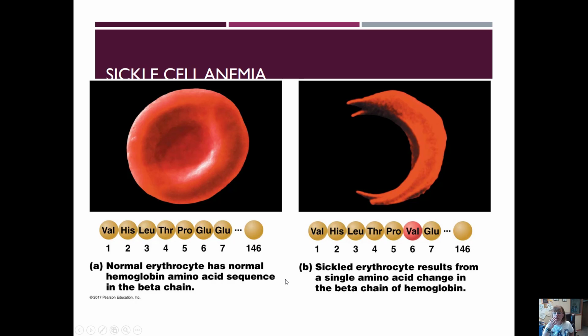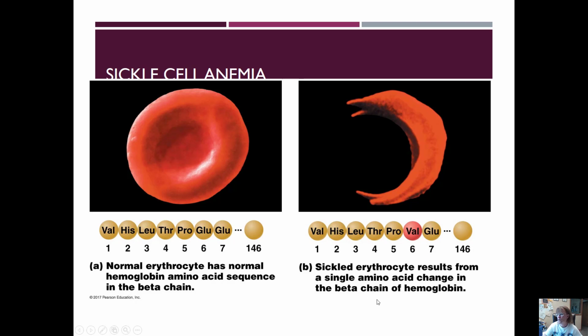Here's a good graphic that shows what a normal red blood cell looks like if you have normal hemoglobin. You can see here in this sixth amino acid, glutamine is the amino acid that's supposed to be there, out of the 146 that make up hemoglobin. But you get one base pair substitution in the gene that will result in valine in place of the glutamine, and what that does is cause the beta chain to have an abnormal shape.